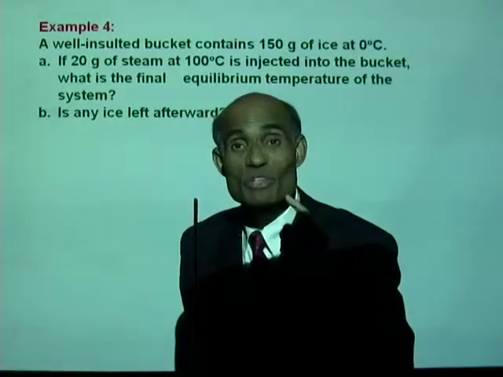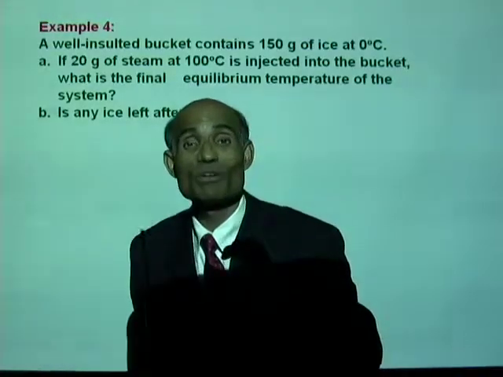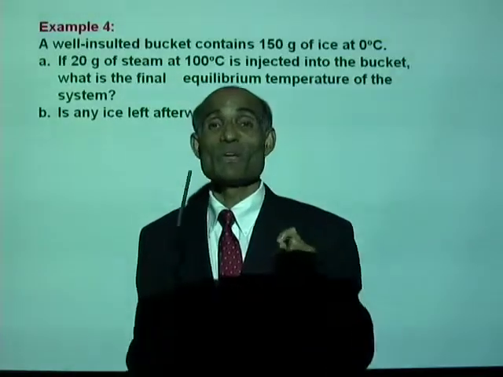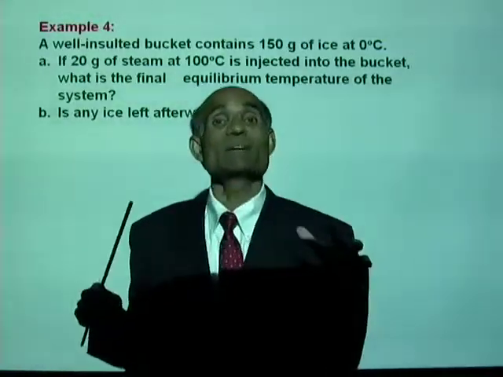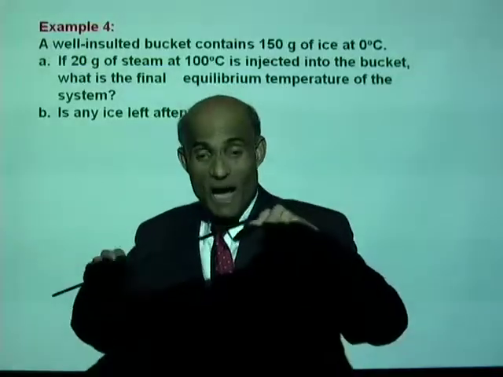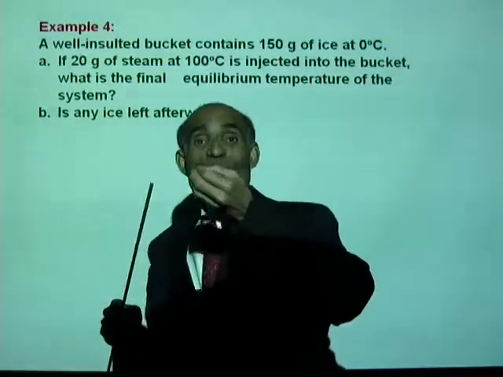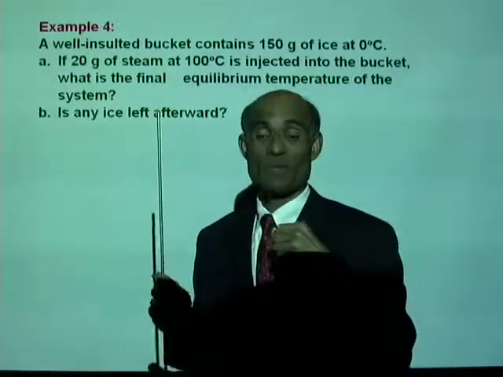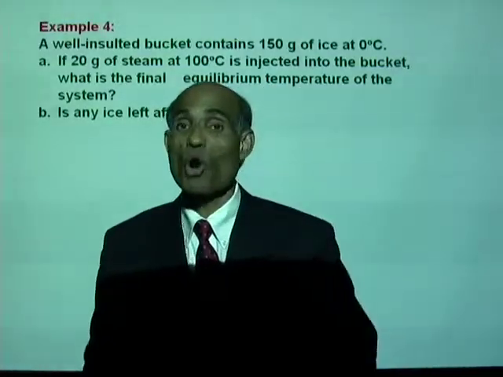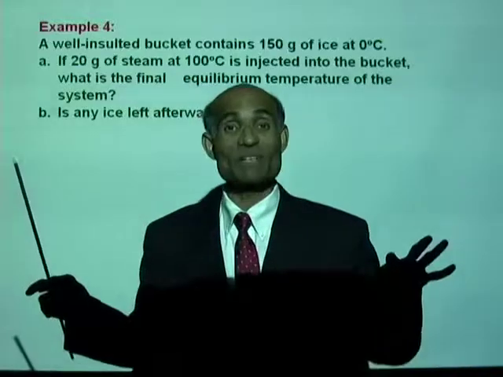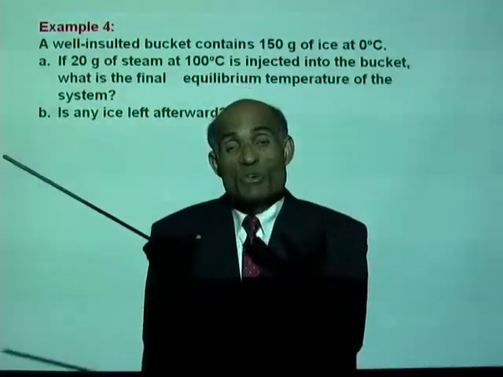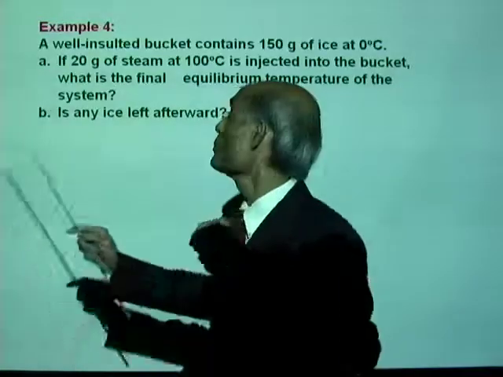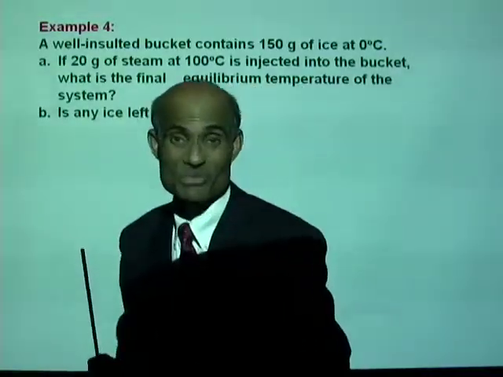Now, if the lower temperature is 0, that means there is still some ice left there. If all the ice melted, then after melting, the water will increase its temperature to this equilibrium temperature. So we will assume that all the ice has melted, and the melted ice has now increased its temperature to that equilibrium temperature.